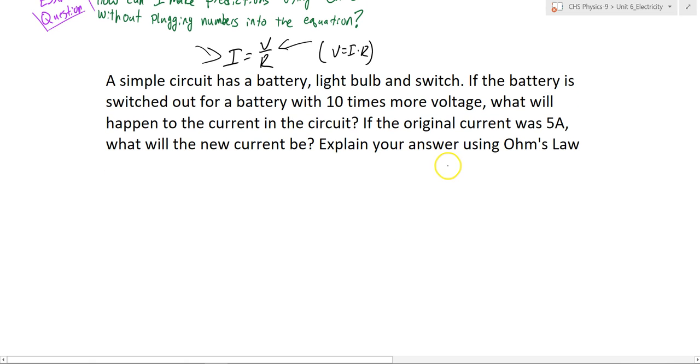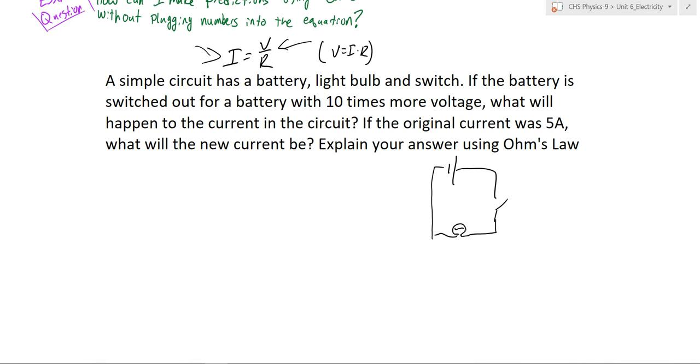It might help to draw out the circuit first. So I've got my battery, a switch here, and a light bulb. And that's what we got. So we're going to switch this out.